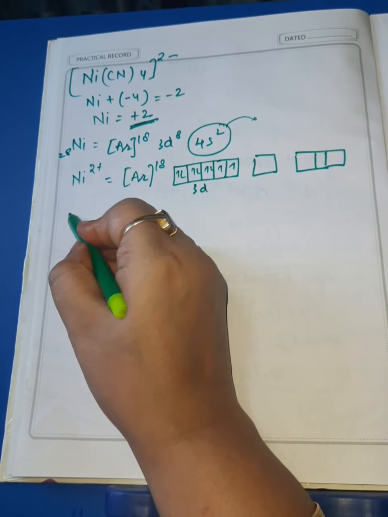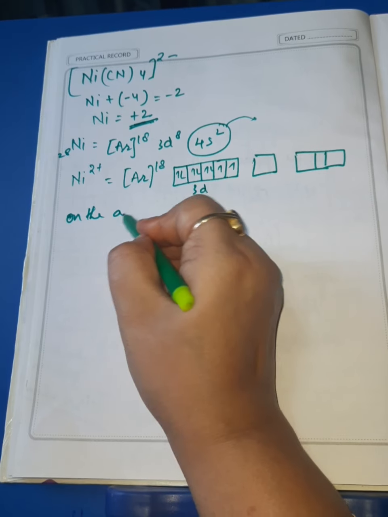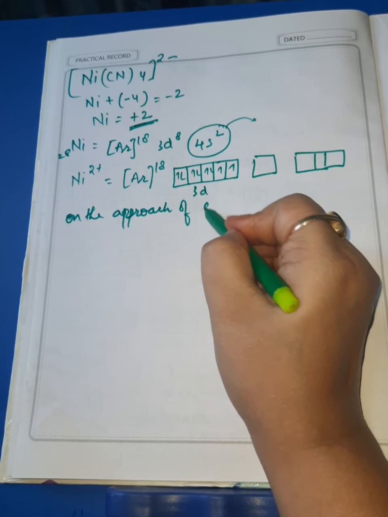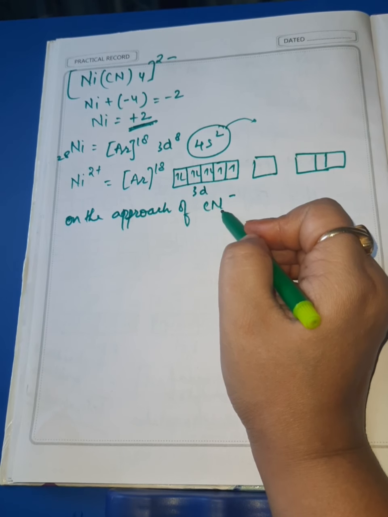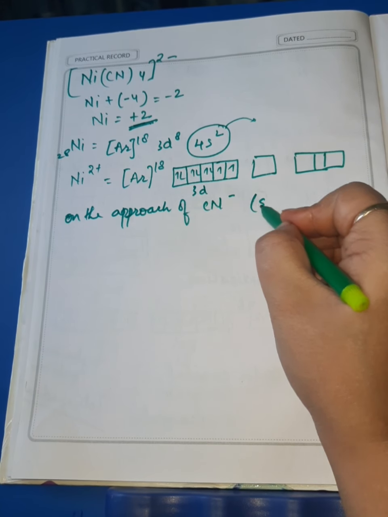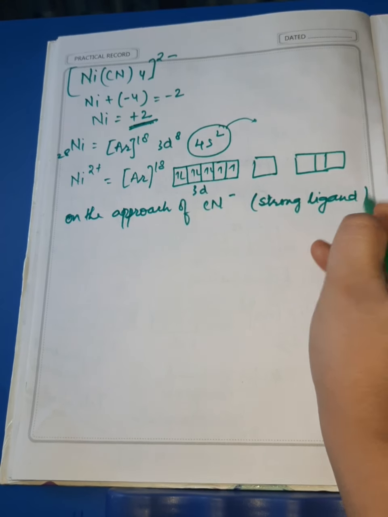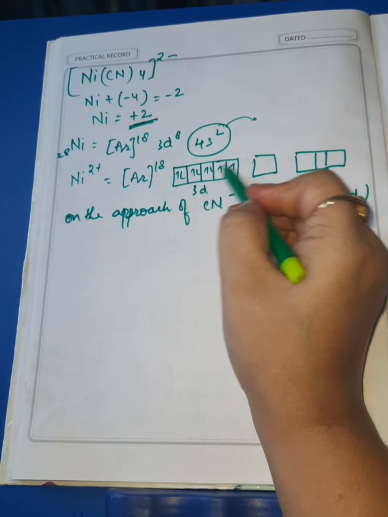Now on the approach of CN minus ligand, and you all know very well that CN minus is a strong ligand. So strong ligand causes the pairing of electrons, so these electrons will get paired up.